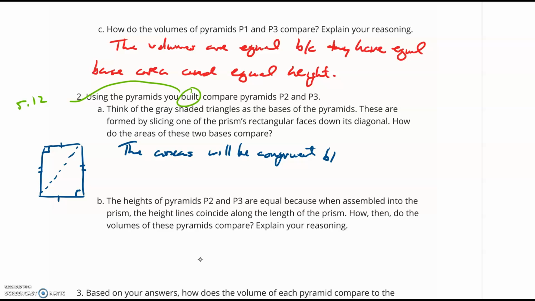We know that because the triangles created are congruent by, now let's remember, side, side, side. So I've created two congruent triangles by side, side, side congruence.